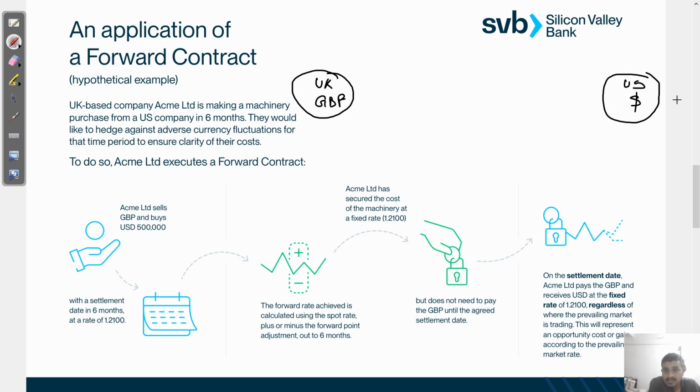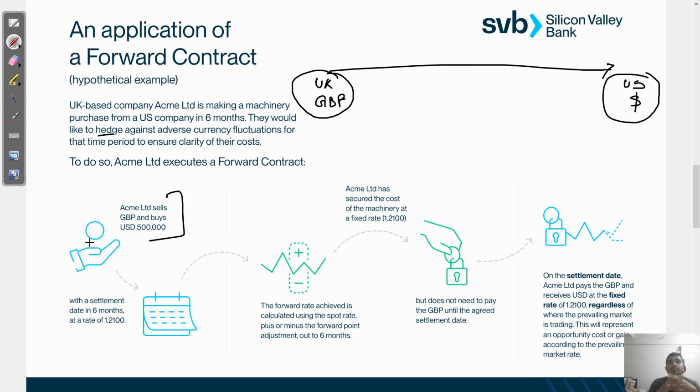Now, it is said that Acme is making a machinery purchase from the US company in 6 months. They would like to hedge. If Acme is making a machinery purchase, that means it is going to pay the US company in dollars, 6 months from now, and they would like to hedge. So what Acme does is Acme sells GBP and buys USD.